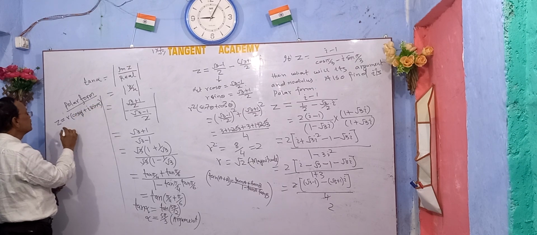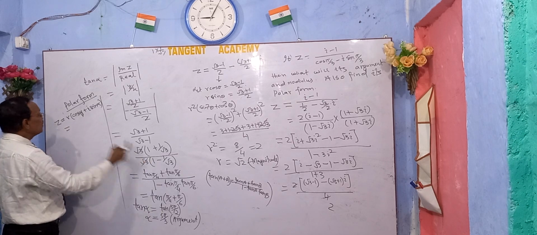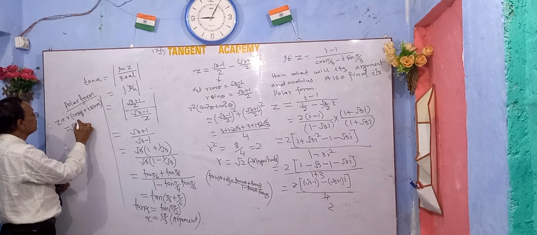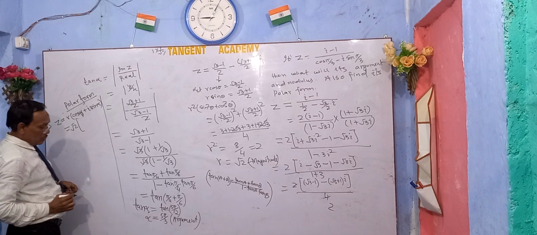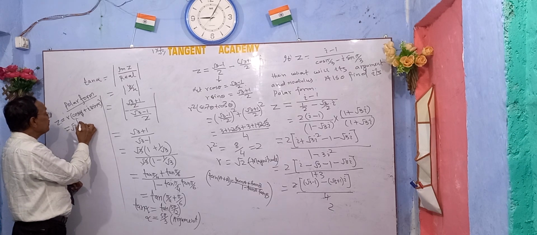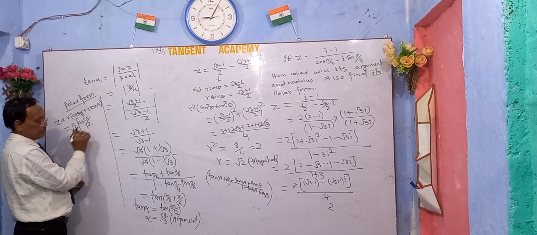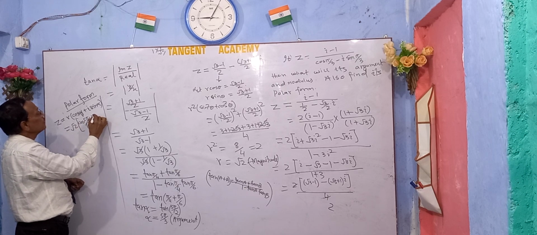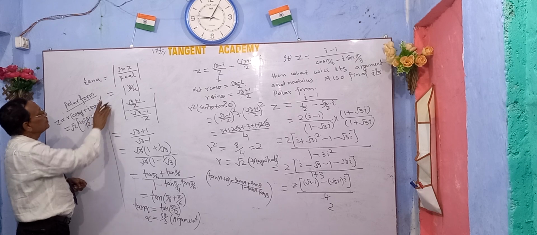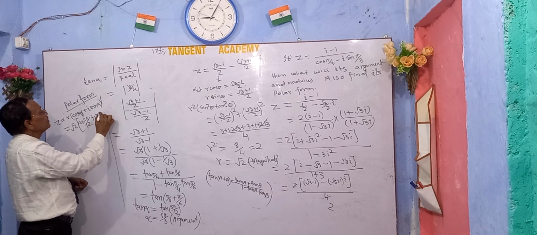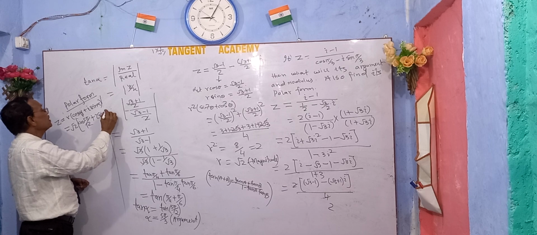Put the value of r and alpha: root 2 (cos 5 pi by 12 plus i sin 5 pi by 12).